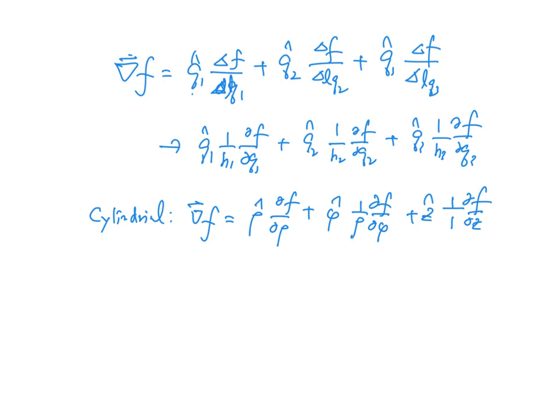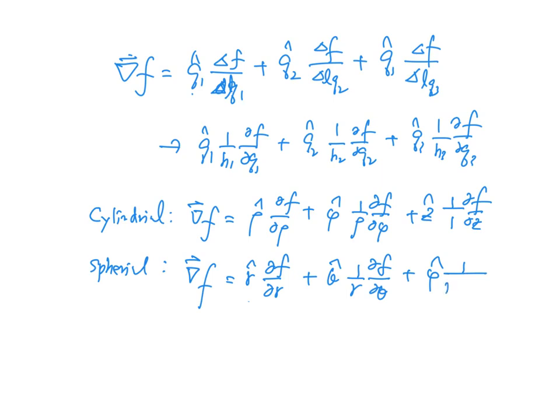In spherical coordinates, the gradient of f is the r direction, partial f over partial r, the theta direction, 1 over r partial f over partial theta, and the phi direction, 1 over r sine theta partial f over partial phi. So before I cover curl, maybe you can take a break, okay?